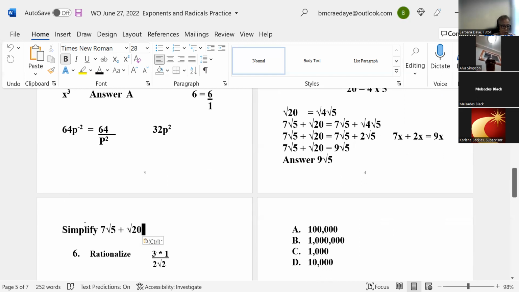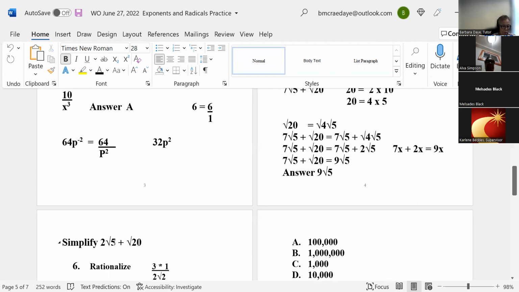Let's make this 2 times square root of 3 plus square root of 48.